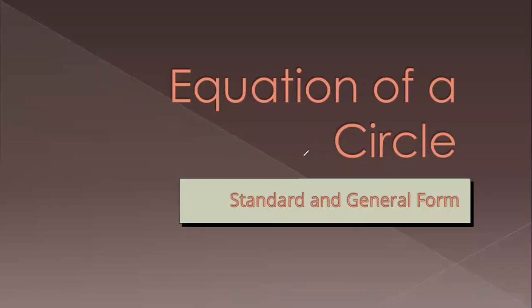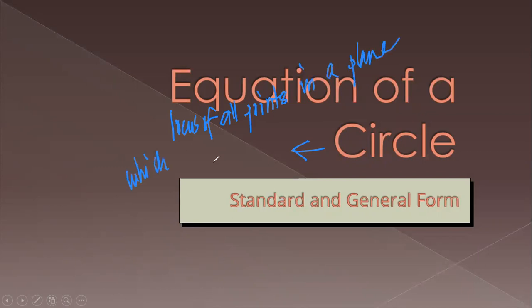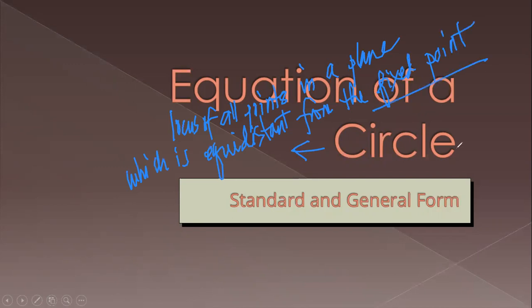Pag sinabi nating circle, yan ay locus of all points in a plane equidistant from a fixed point. Okay, so that fixed point is called the center of the circle.